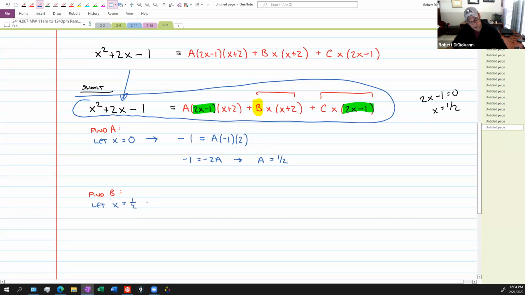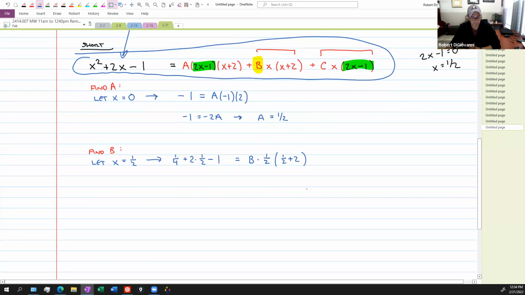And we're going to plug it into everything, this equation, everything. So a half squared is a fourth plus 2 times a half minus 1. That's the left side. Now I know when I plug in a half into this green one, it's gone. When I plug in a half into this green one, it's gone. So the only thing I really have to do is plug in a half right there for x. So b times a half times a half plus 2. My left side is 1/4, because 2 times a half is 1, and 1 minus 1 is 0.